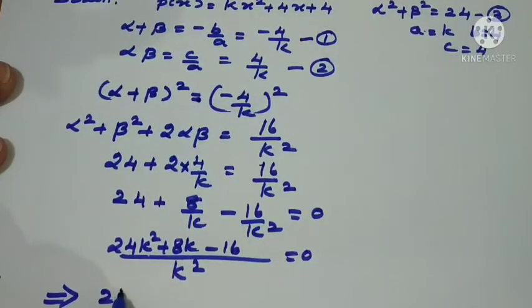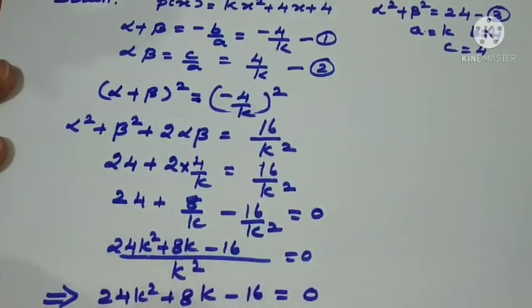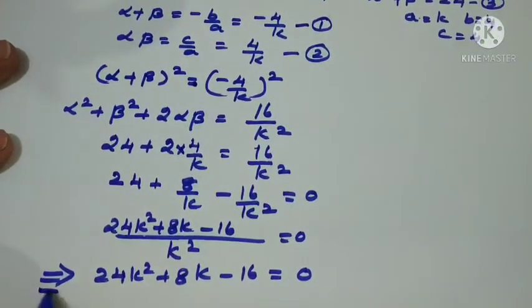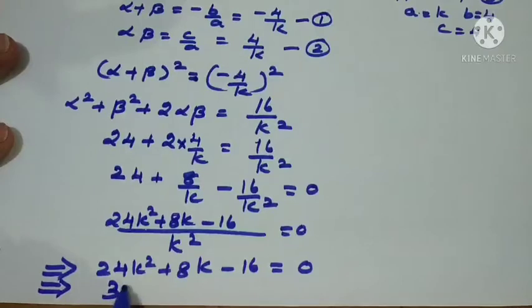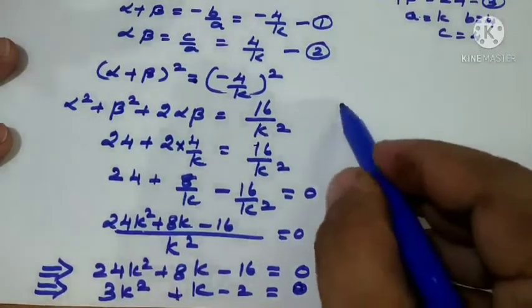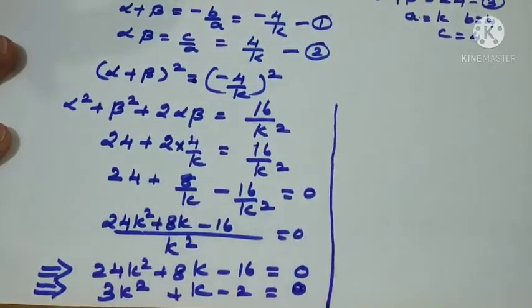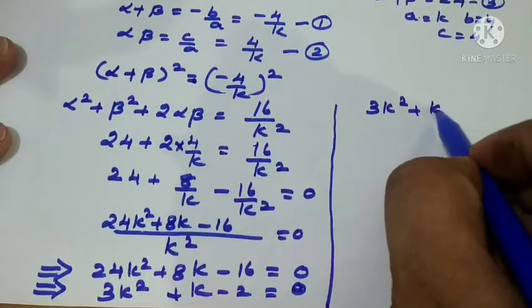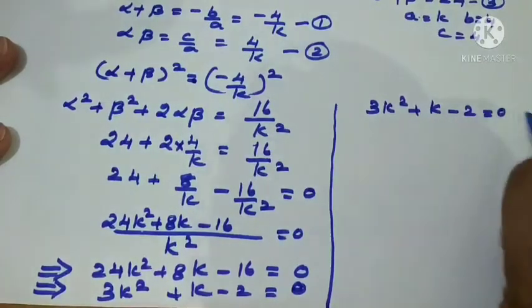What is common here? 8 is common here, so we can cancel with 8. So 3k square plus k minus 2 equal to 0.